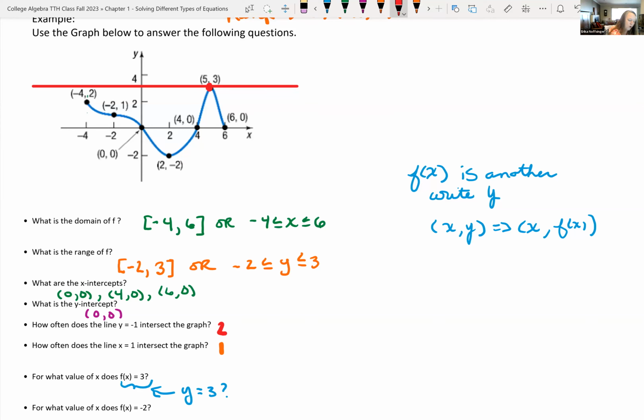And so there's only one value of x that gives me back a y value of 3. So what value of x gives me y equals 3? Well, that is x equals 5.